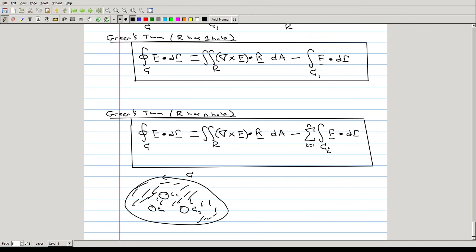So you'll have to compute an integral around each one of these subcontours and subtract it from the double integral of the curl in the region R to do the general Green's theorem.